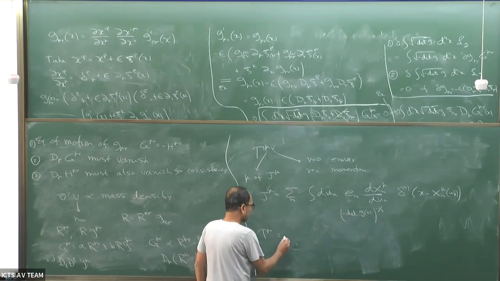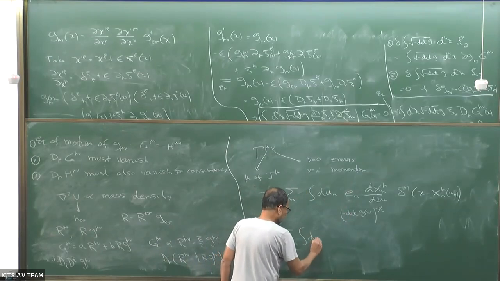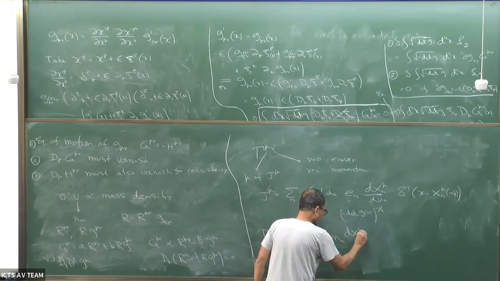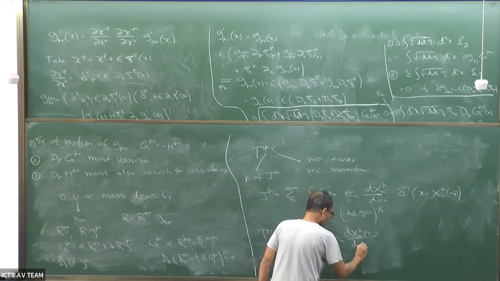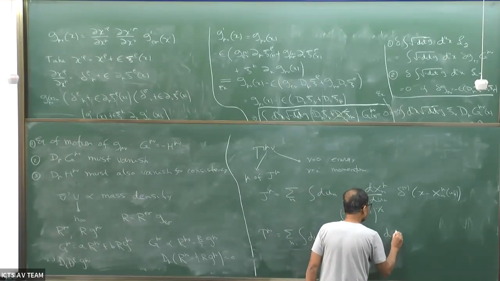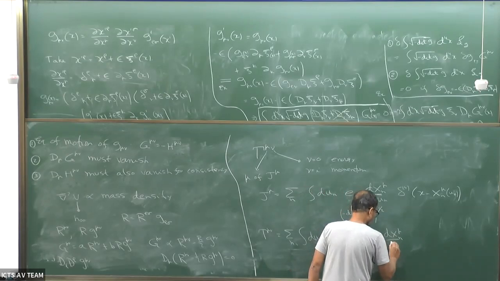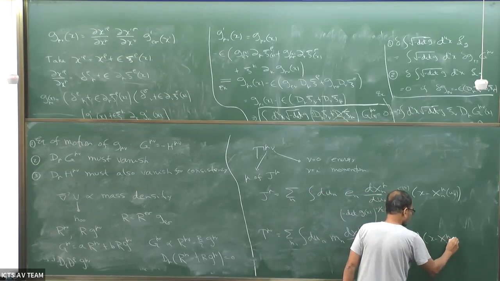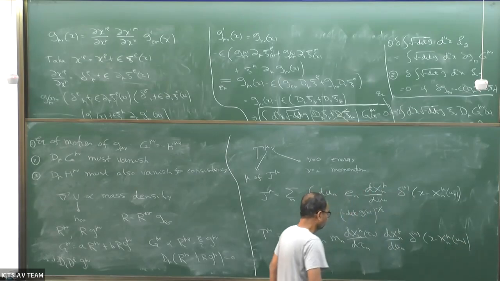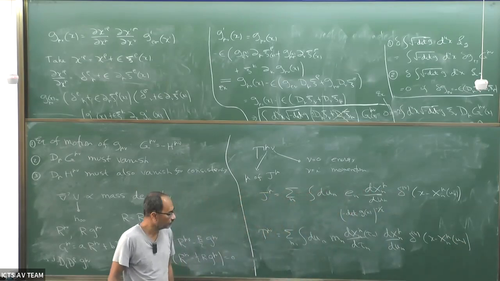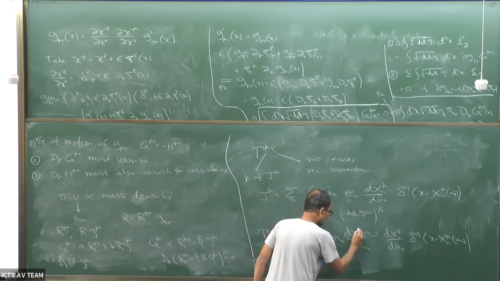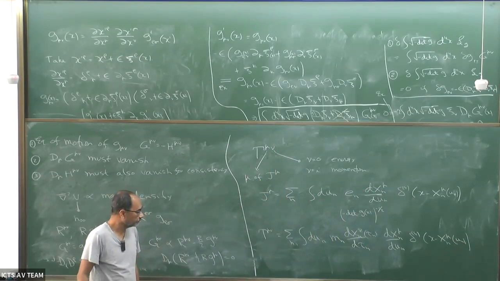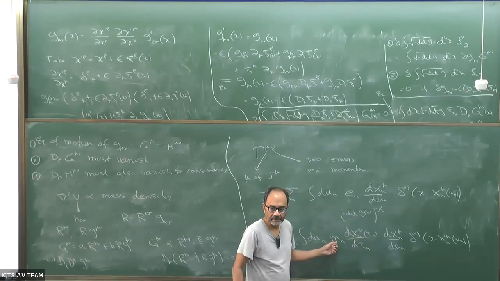So I can write this as sum over n, integral du_n, m_n ... this is new because it is the one containing information about whether it's energy or momentum, right? So this is the momentum carried by the nth particle.